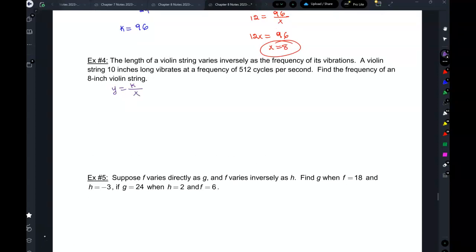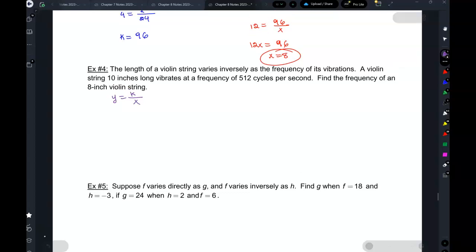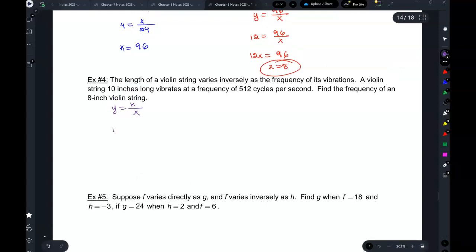A violin string 10 inches long, that's y, vibrates at a frequency of 512 per second. So 10 is equal to k over 512. So k is 5,120. So what's the equation then? y equals 5,120 over x.